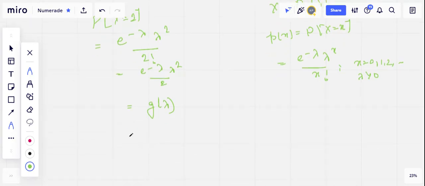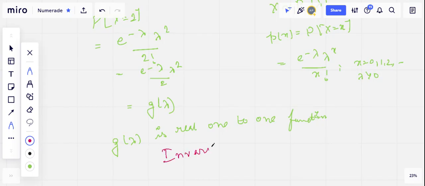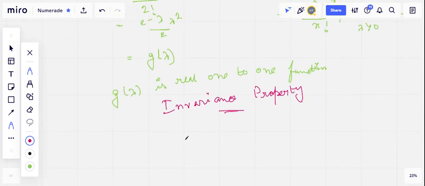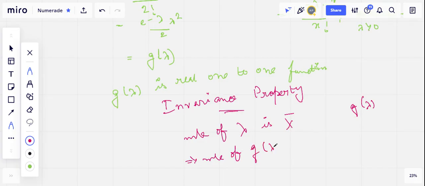Okay. Now as this function g(lambda) is a real one-to-one function, by invariance property, if MLE of lambda is x bar, and g(lambda) is a one-to-one and real function, then MLE of g(lambda) is g(x bar).